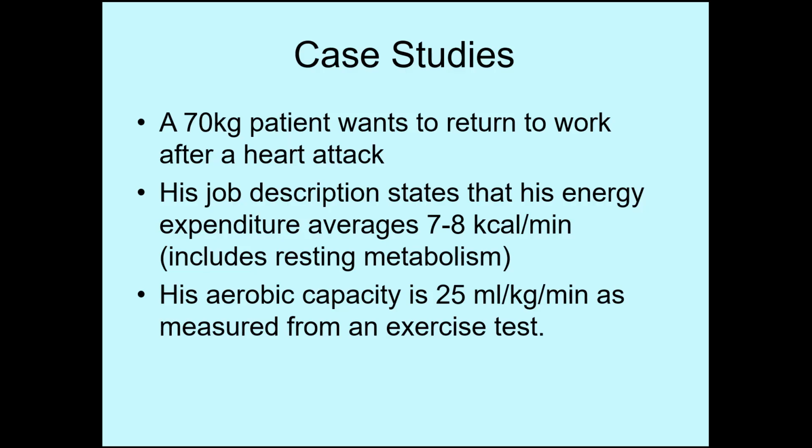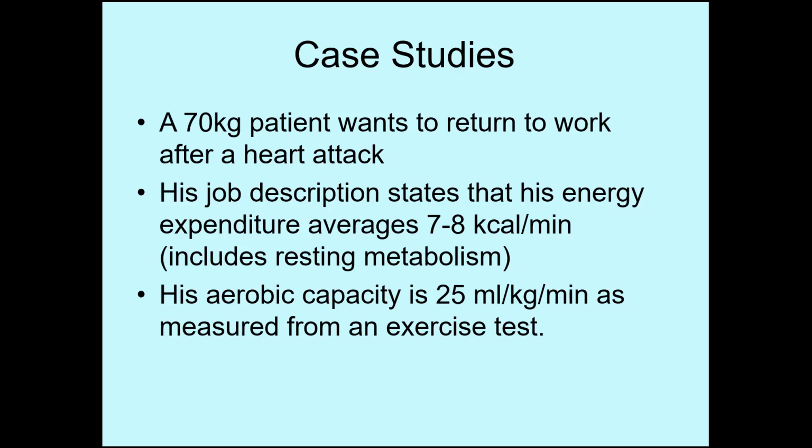So if the aerobic capacity is 25 milliliters per kilogram per minute, we could convert that to units of kcals per minute. And if we do that, it gives us an idea of whether or not he's close to his max at work. So as a rule of thumb, we're going to say you're ready to go back to work when your max is double your energy expenditure at work.